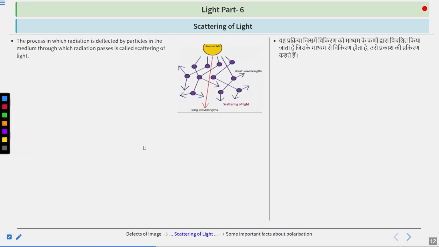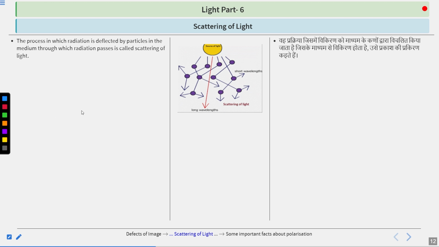Then we have the scattering of light. So what do we mean by the scattering of light and how does it affect the appearance of things to us? The process in which radiation is deflected by the particles in the medium through which radiation passes is called scattering of light.